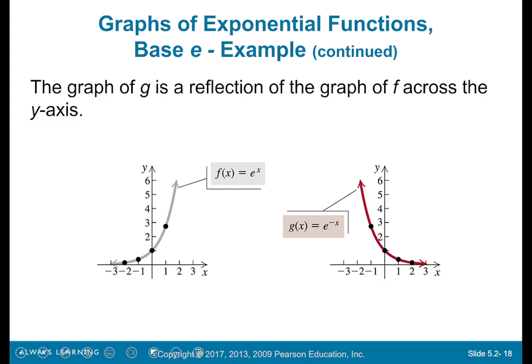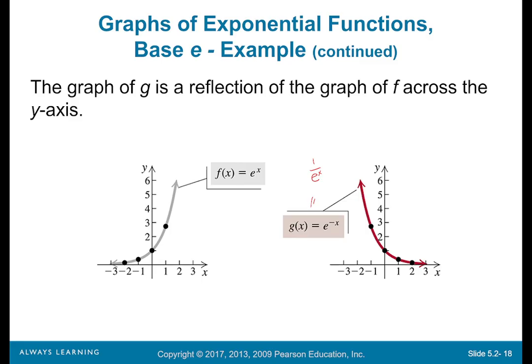And as soon as we put a minus in front of that x, we've reflected it over the y-axis. Therefore, it now goes down towards 0 rather than up towards positive infinity. This essentially becomes 1 over e to the x. So it's growing as a fraction, and as my denominator in a fraction grows, the overall value goes down. So that's why that e to the minus x actually goes to 0.